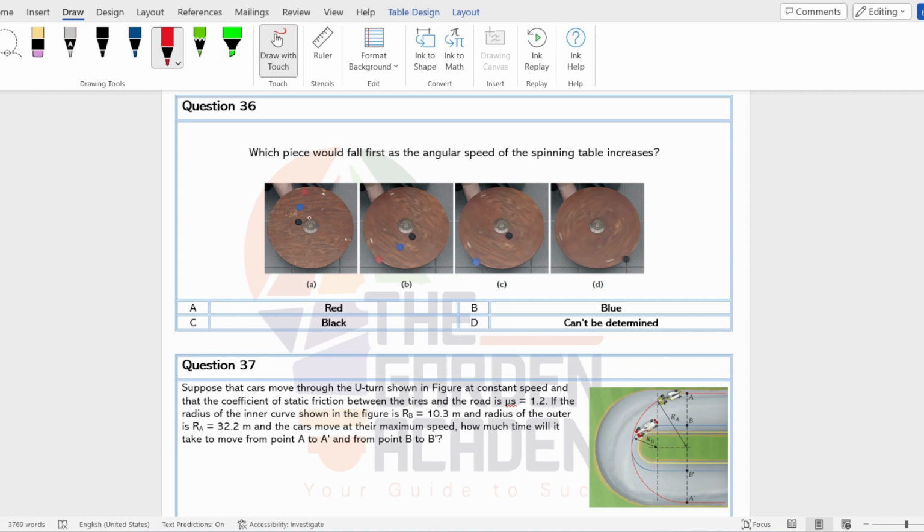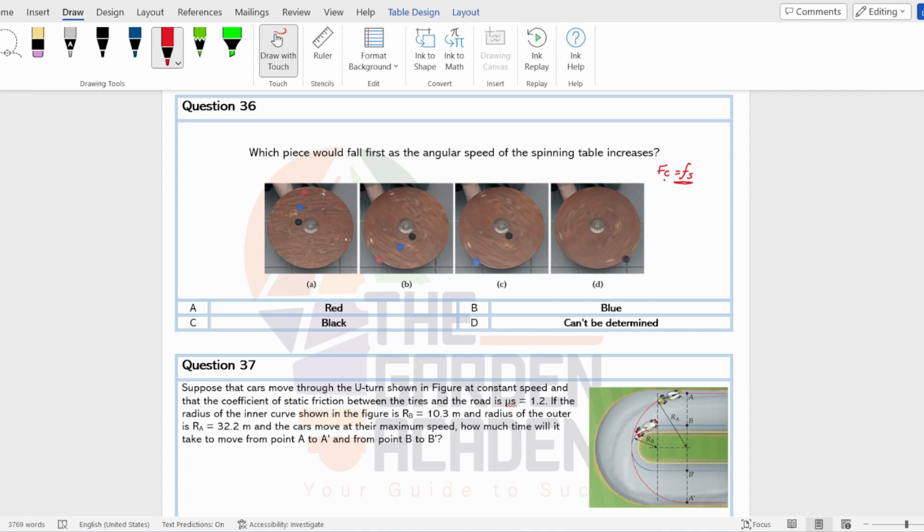It can be maybe, let's say, 10 newtons. As we keep increasing the angular speed, this value will be constant, but the centripetal force will have to increase to keep it in that way. In this case, F sub C is equal to the static friction, and this value is constant.